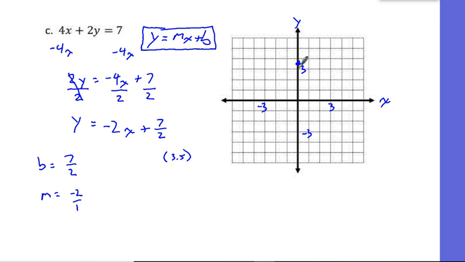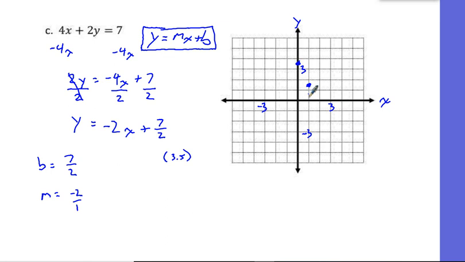And from 3.5 on the y-axis, we're going to count a slope rise negative 2, 1, 2, and run positive 1 to the right. Because we started in the middle of 3 and 4, when we count down 1, we're in the middle of 3 and 2. Count down on the second one, we're in between 1 and 2. And that's why we end here.